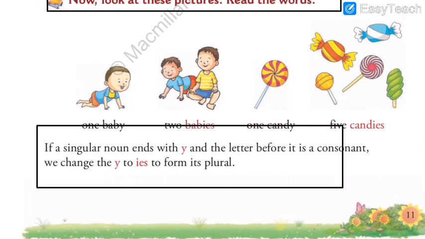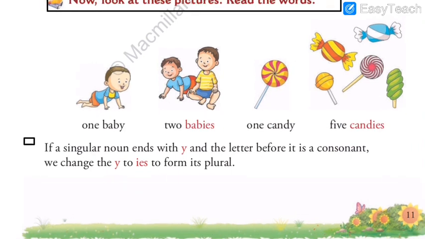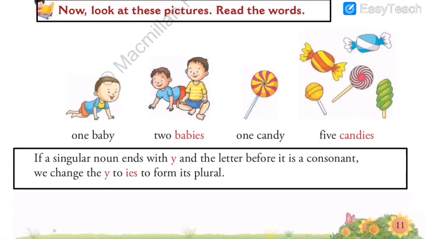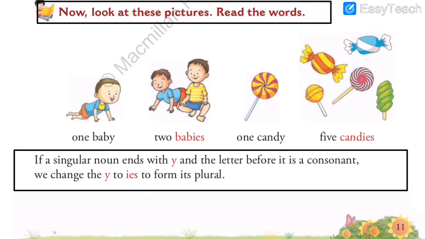Okay, so what instructions are written here? Let us read it carefully. If a singular noun ends with Y and the letter before it is a consonant, we change the Y to IES to form its plural. Let us understand this very, very carefully.